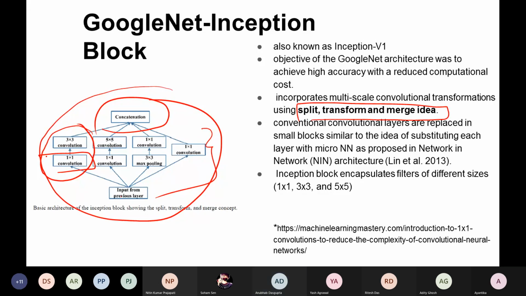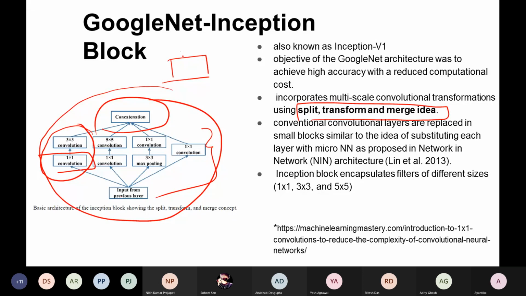Before that, I will say one thing: why is this 1x1 convolution being used? A plain filter can just take the same pixel and pass it to the next level, but the 1x1 is fusing multiple channels.